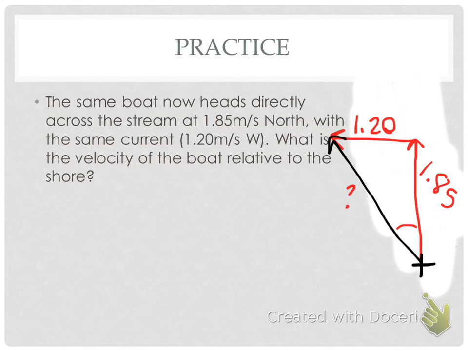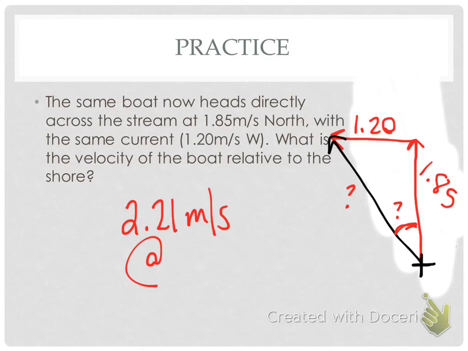So now we find the hypotenuse and we find the angle at which we think he's swimming, or he's getting pushed at least. 33 degrees, what of what? West of north. Very good.